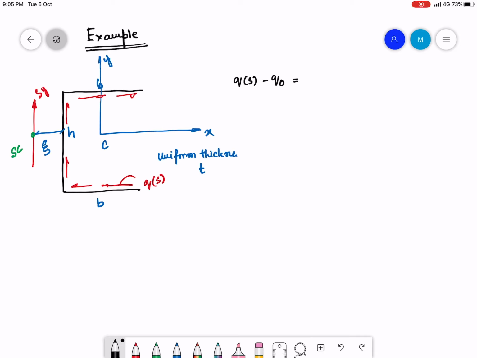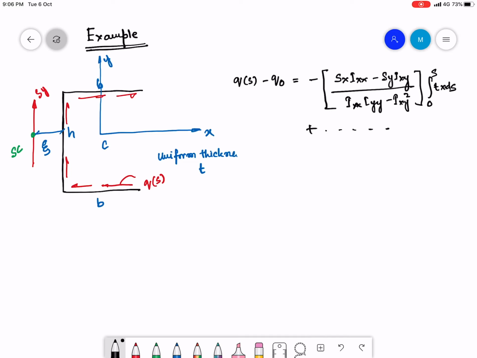If you remember that equation, it is going to be minus Sx into Ixx minus Sy into Ixy by Ixx Iyy minus Ixy square, integral 0 to s of x dx ds plus, okay, that big expression that we have.